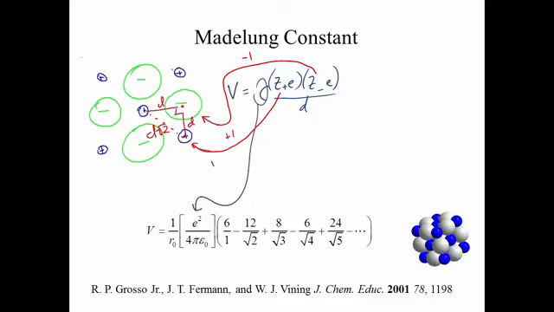If we remember the cube structure here, we have 12 sodium ions out here around that central sodium ion. So we have, in relation to our first term, in relation to our original distance, R0, 12 negative repulsive force at a √2 times that original distance. So we get a second term here.